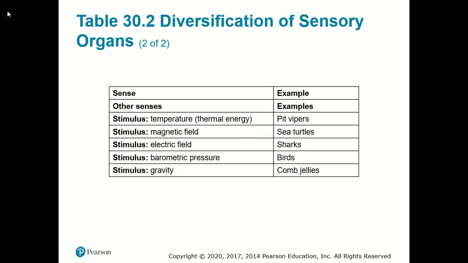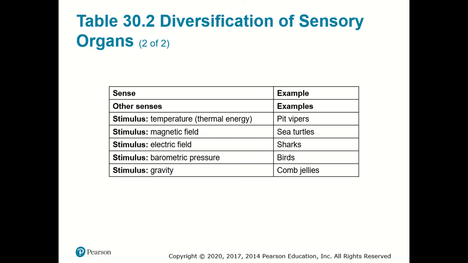So although the senses apply to all animals, the different parts of the animal lineage show even further variations in senses. For example, the ability to sense temperature in order to not only navigate the environment but also identify prey.